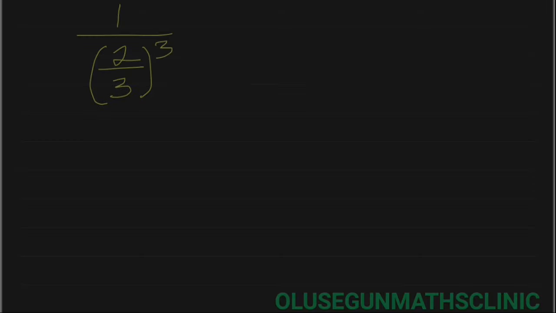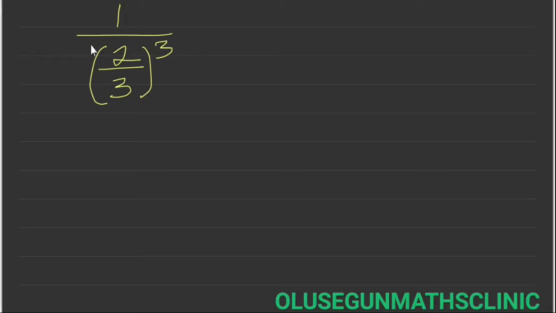It will now give you 1 over 2 over 3 all raised to power 3. Since it occurs 4 times, it is plus or minus.